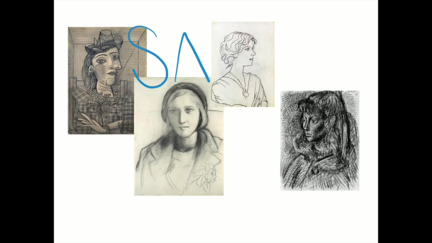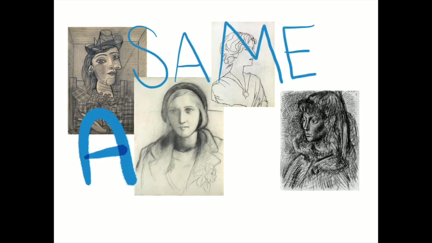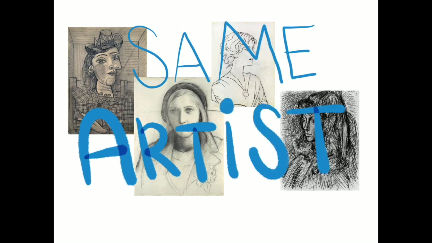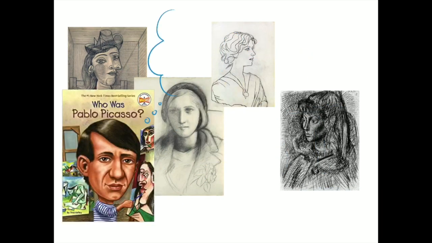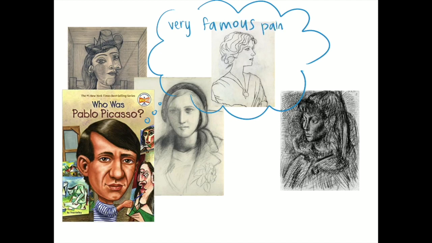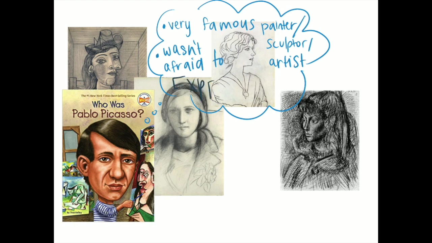The less detailed, more empty line picture might make you feel an even more different way. Now what if I told you they are all from the exact same artist? I know, right? Crazy, but all of these pictures were drawn by Pablo Picasso. Pablo Picasso was a very famous painter, sculptor, and artist, and he wasn't afraid to experiment with different types of lines.